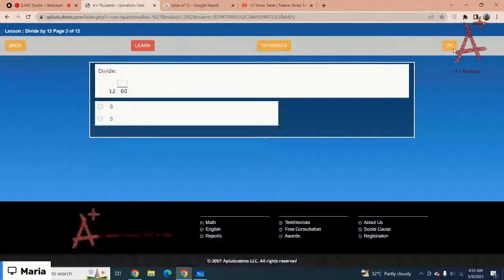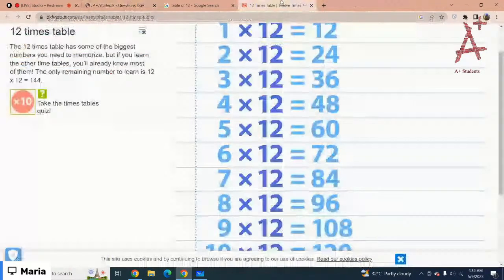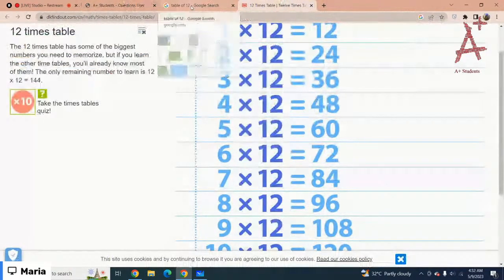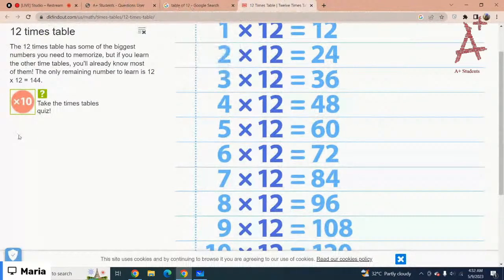Okay, the next one is you need to count 12 until 60, divided by 12. So 12 times what number is 60? Yes, that would be 12 times 5 is 60.